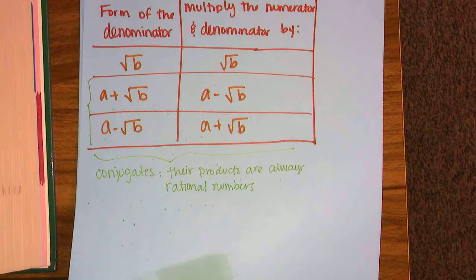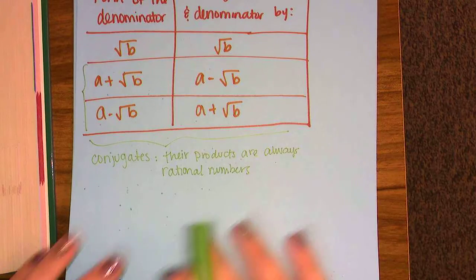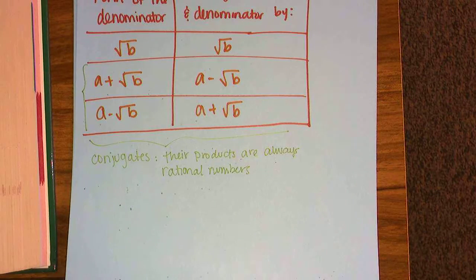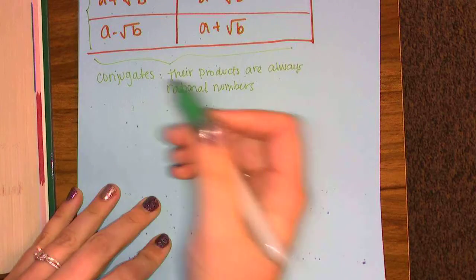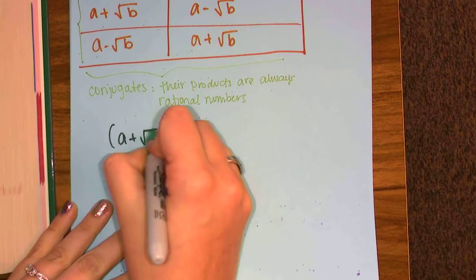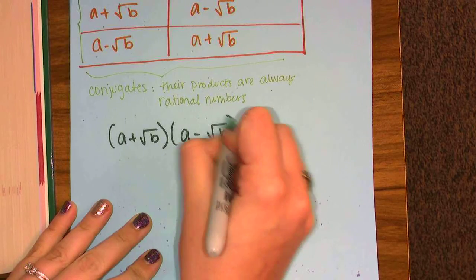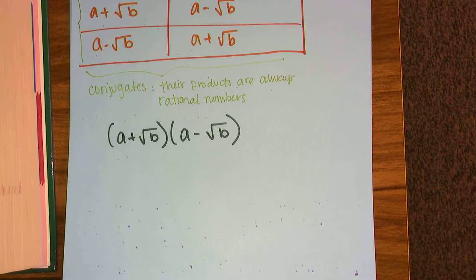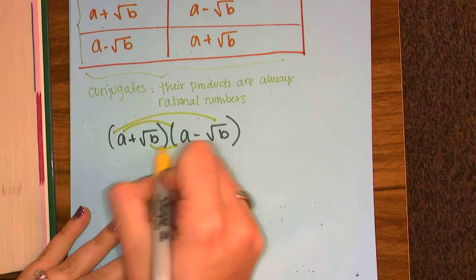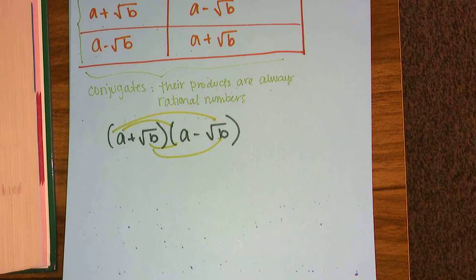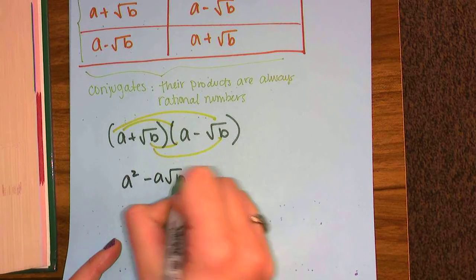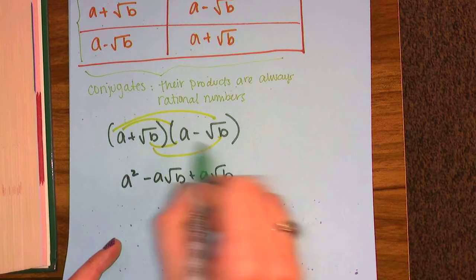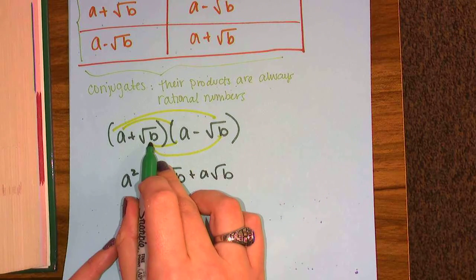Okay, so the reason this is true, I'm going to show you one of them. Okay, well, technically in showing you one of them, I show you both of them because obviously they're just the reverse of each other. But if I were to have a plus the square root of b times a minus the square root of b, and I FOIL, that's going to give me a squared minus a square root of b plus a square root of b minus the square root of b squared.